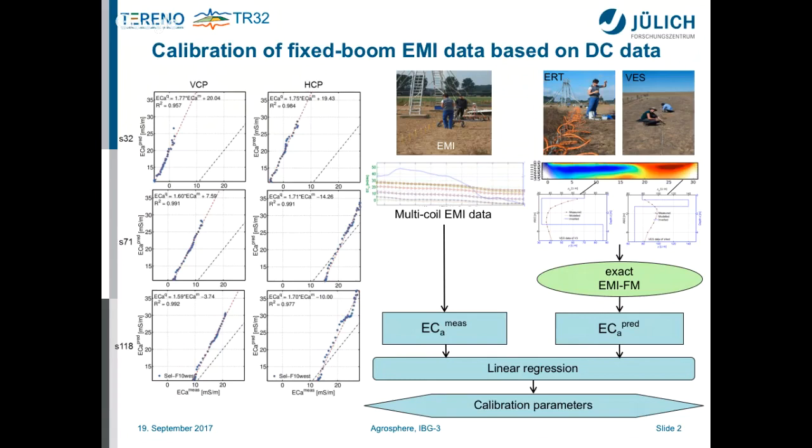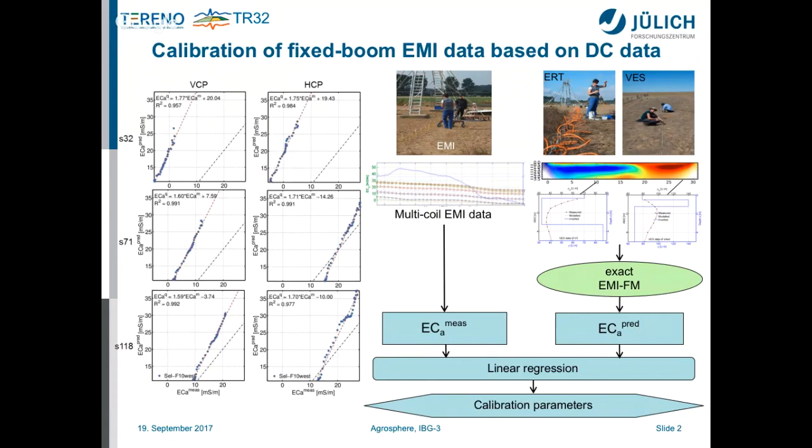from the inverted ERT or the inverted vertical electrical sounding data, we use the electrical conductivity distribution that we have at this particular spot. And we use a Maxwell-based exact EMI forward model together with the EMI instrument specification, so the specific frequency of the used instrument, the specific coil orientation, and also the offset or the separation between the transmitter and the receiver coil.